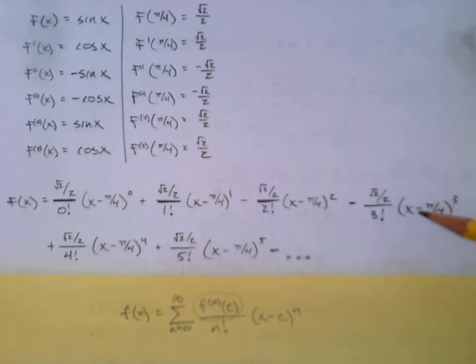For n equals 3, I use my third derivative value, negative, sorry it's so fuzzy, root 2 over 2 over 3 factorial, x minus pi over 4 to the third. For n equals 4, we're back to positive, 4 factorial, to the fourth. For n equals 5, still positive, root 2 over 2, 5 factorial, to the fifth. And we can tell, and I don't think we need to do any more, the next two are going to be negative the way the derivatives play out.